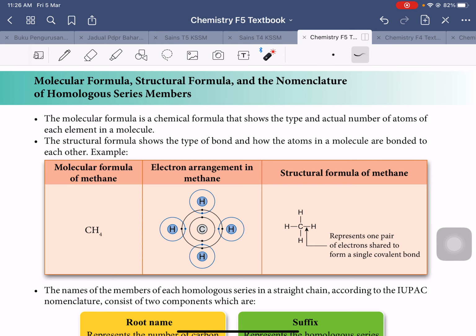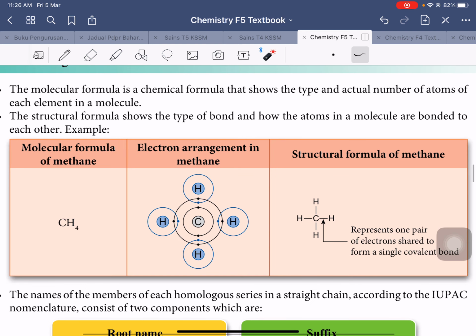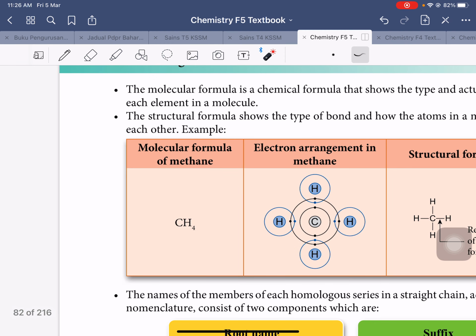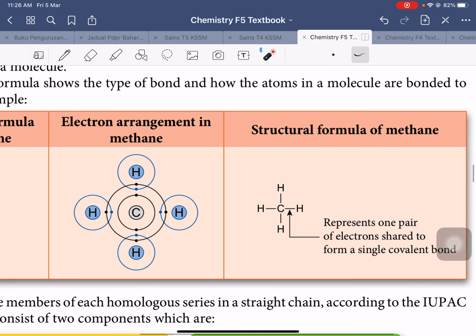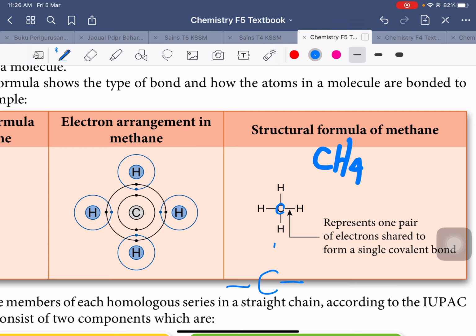Next, electron arrangement: the electron arrangement in methane, and also the structural formula of methane. We are not going to focus on this one first. We are going to focus more on dia punya structural formula. Structural formula macam begini. If the formula is CH4, you draw C first, and then 1 C ada 4 ikatan, so 1, 2, 3, 4.